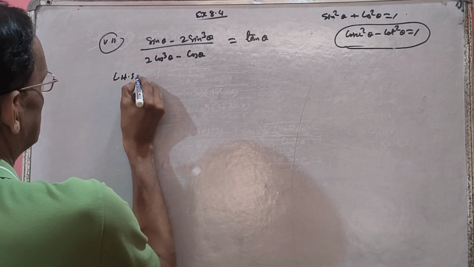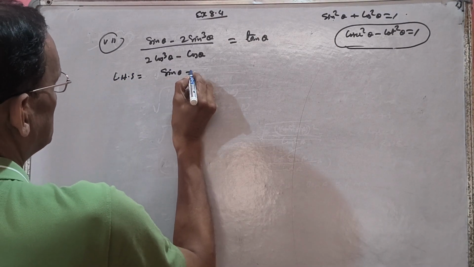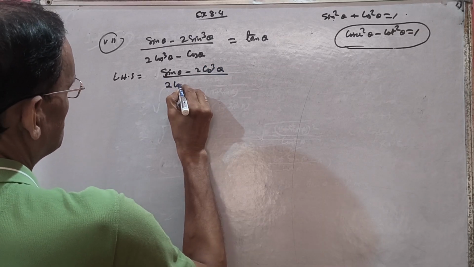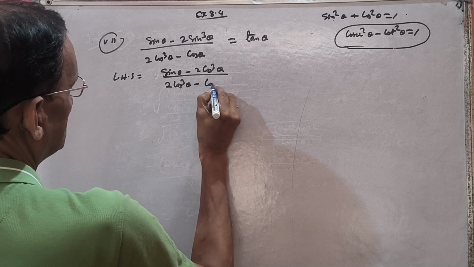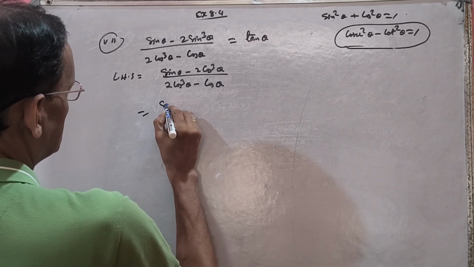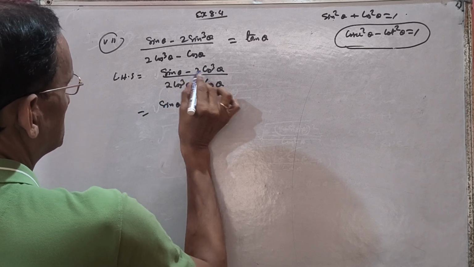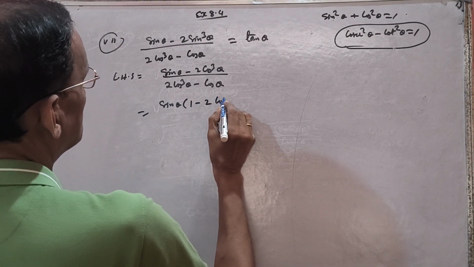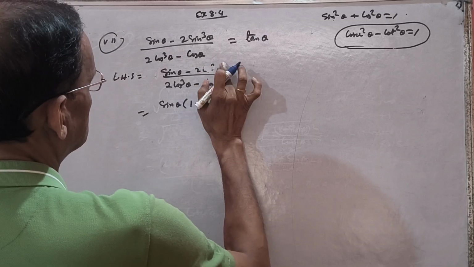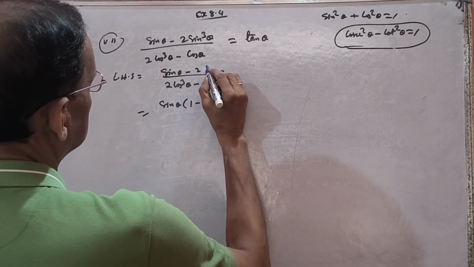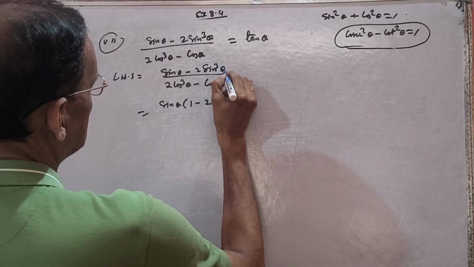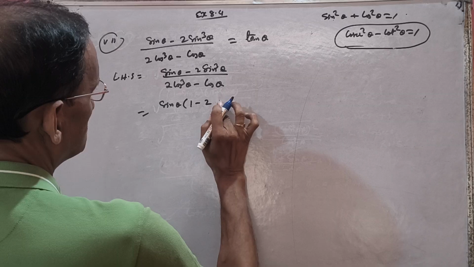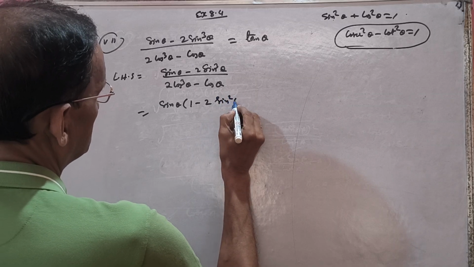Sin theta minus 2 sin cube theta by 2 cos cube theta minus cos theta. What is common here? Sin theta common here. Very easy. Sin cube theta, okay. So when you will take sin theta common, what will you get? 1 minus 2 sin square theta, okay.